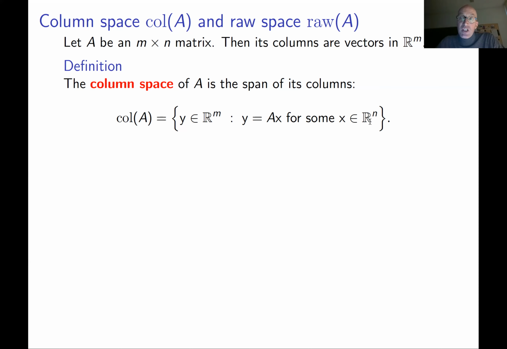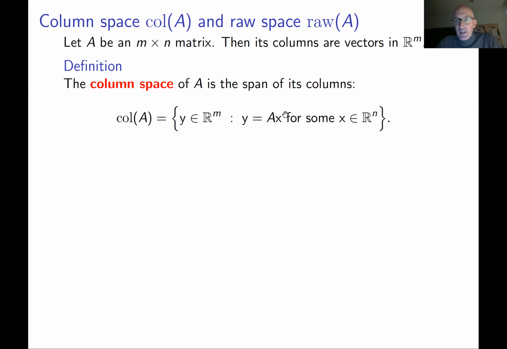The observation I made during the last lecture is that if you multiply your matrix A by a vector x in n-dimensional space, this is a linear combination of columns of matrix A with coefficients x1, x2 up to xn, the coordinates of the vector x.